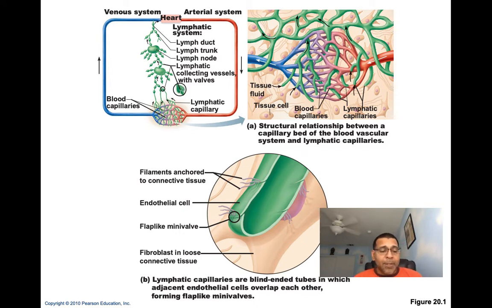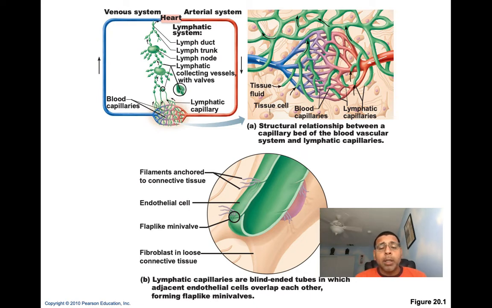Now, when we talk about lymphatic capillaries, we'll see first they're absent in the central nervous system, bone, and teeth. These lymphatic capillaries are microscopic and blind ending, and this is where the transport system begins.